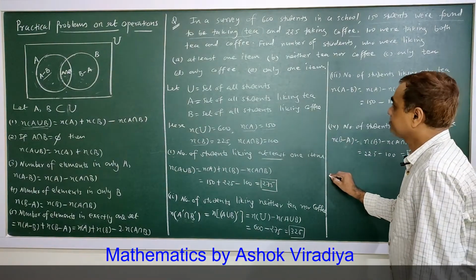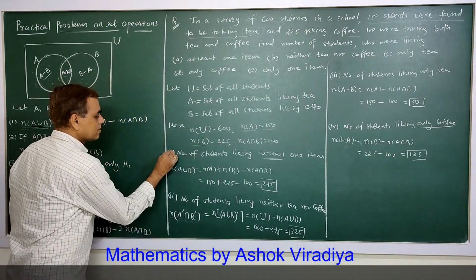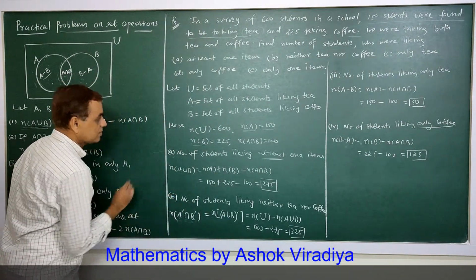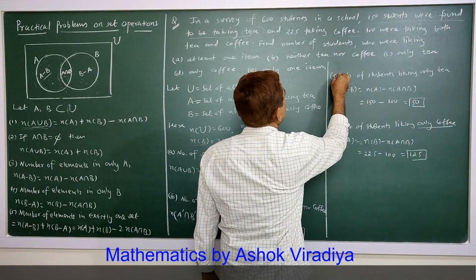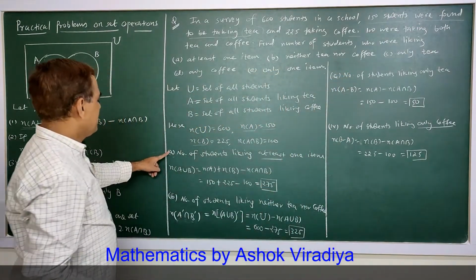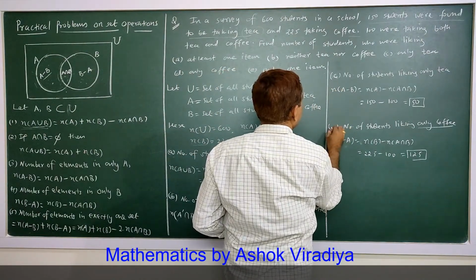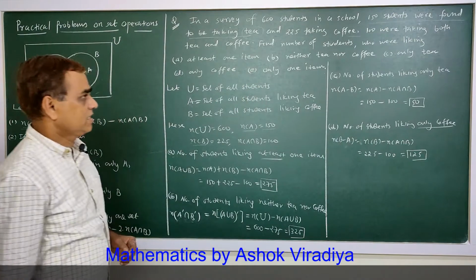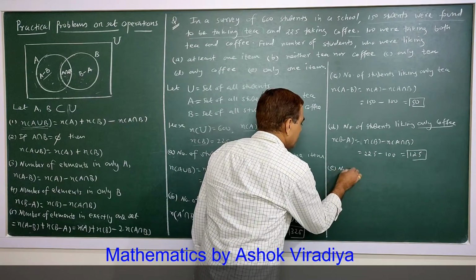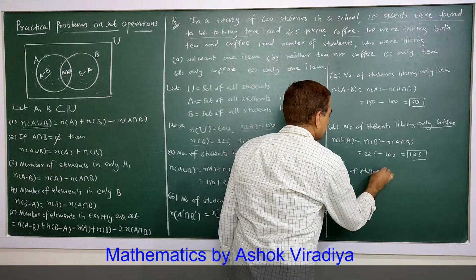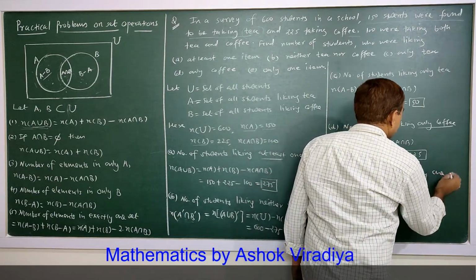Then the next question. This is A, this is B, this is C, this is D, only coffee. Now E, only one item: the number of students liking only one item.